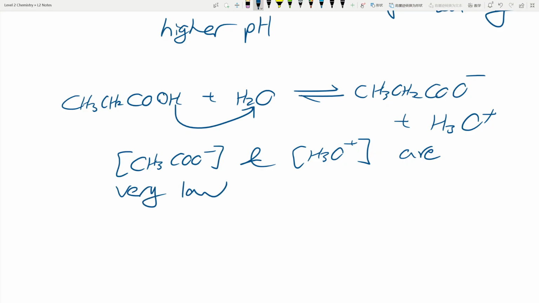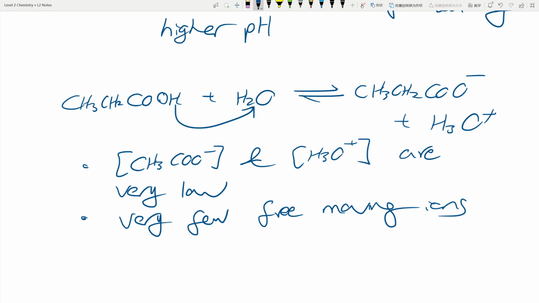What that means is there are very few free moving ions, hence poor conductivity of electricity.